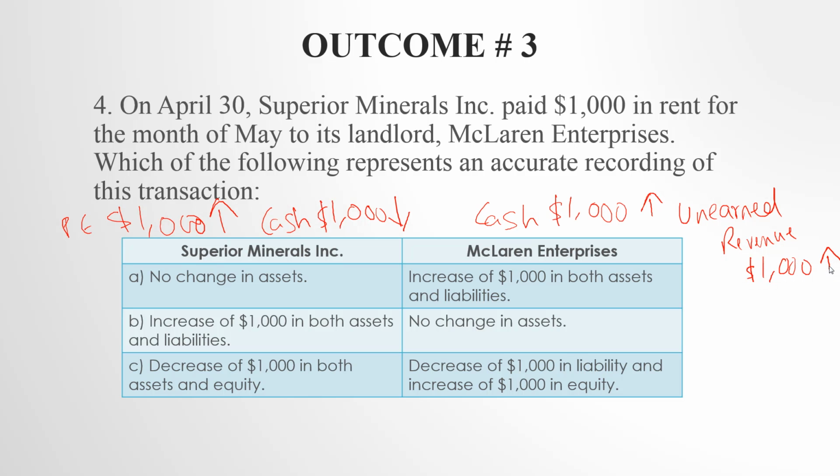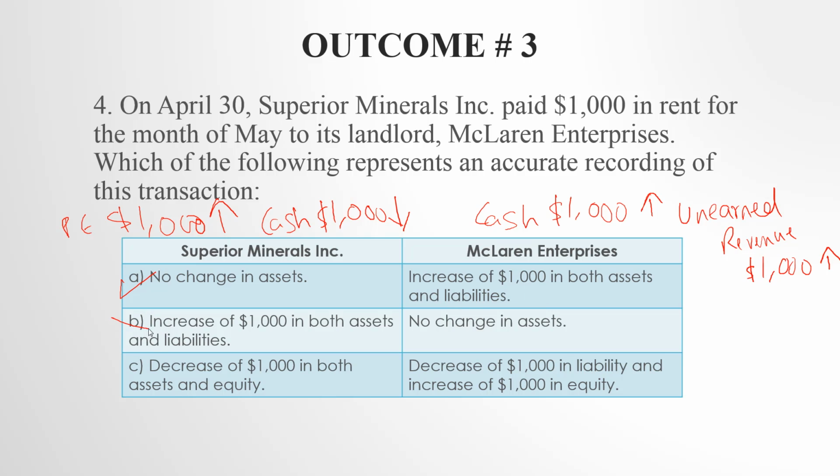It still owes the service. It still has to let Superior Minerals use that apartment for the month of May. It has received cash, hasn't provided the service. It's a liability, and therefore A is the correct answer. No change in assets for Superior Minerals, and increase of assets and liabilities for McLaren Enterprises.